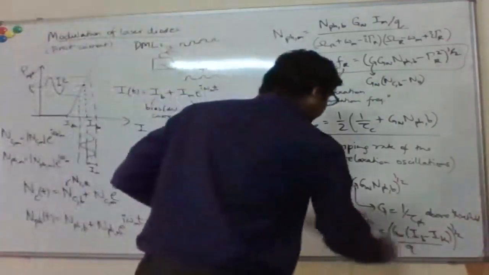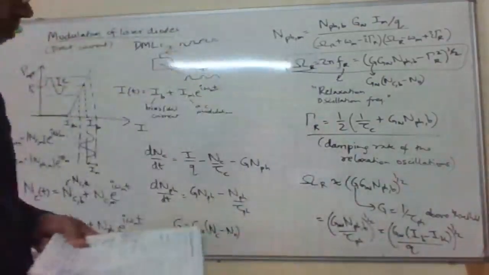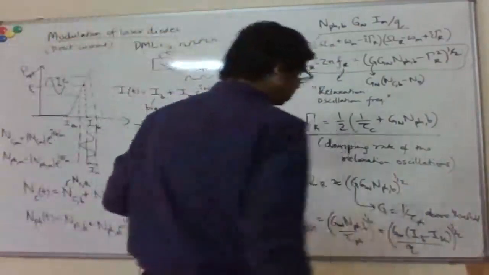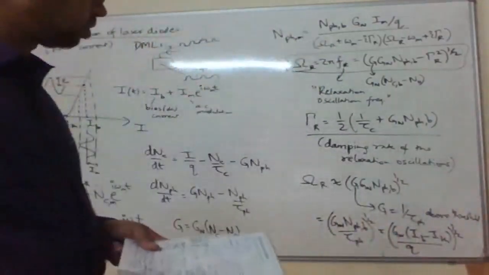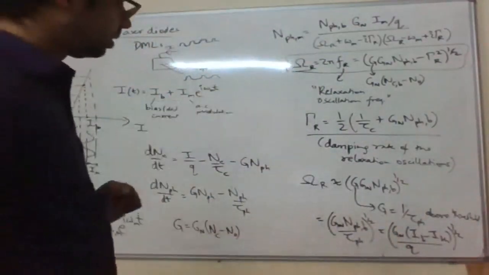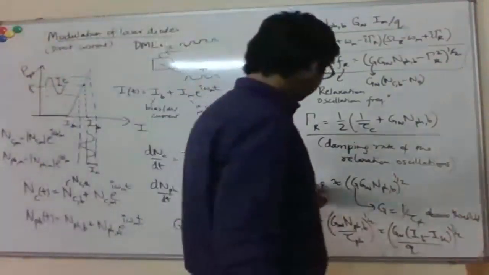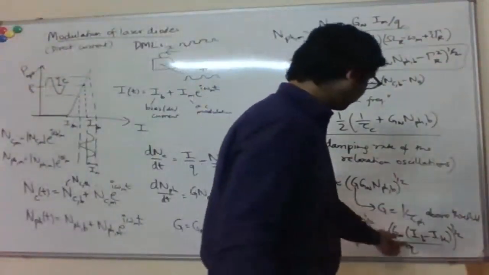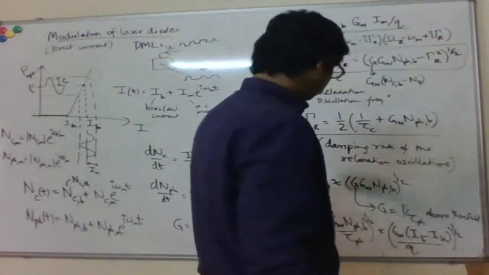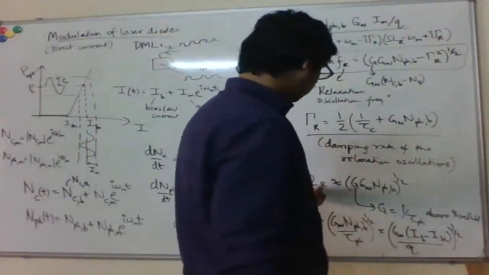You can also write this in a slightly different form to see the time scale. From here, this is a frequency, so it's not clear what the magnitude of this frequency will be.